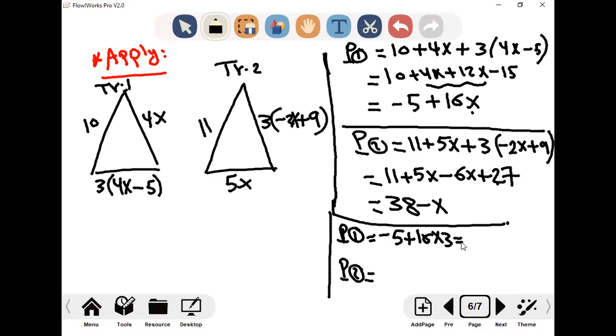Multiplication. 16 multiplied by 3 is 48, minus 5. From where do we get the 3? From the question. The question said put x equal to 3. 38 minus 3, how much?